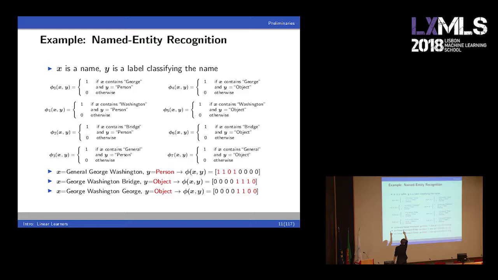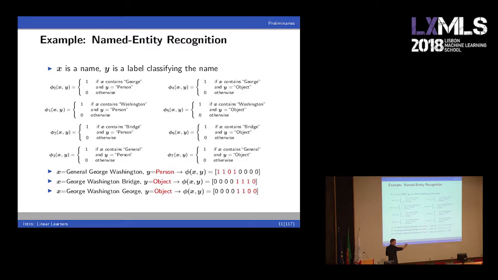So for example, we have 8 features here from 0 to 7. The first 4 are reserved for the classification into the named entity person, and the second 4 are reserved for classification into a named entity object, right? And the feature just says, does it contain George with the named entity label person? And you see the very same George with object, but now it's the first feature of the second partition.